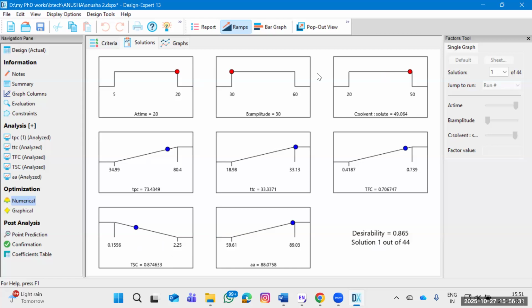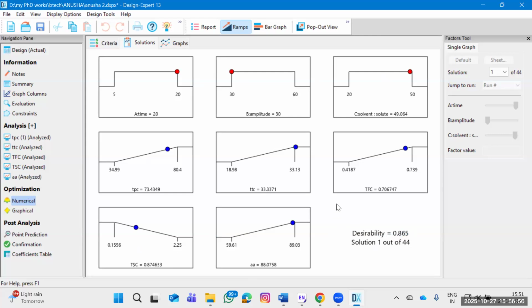For these solutions we need another important term, the desirability. The desirability of every model should be greater than 0.8. If it is higher than 0.8, the model is the best fit for the experiment. So here for the specific results, it has shown a desirability of 0.86.